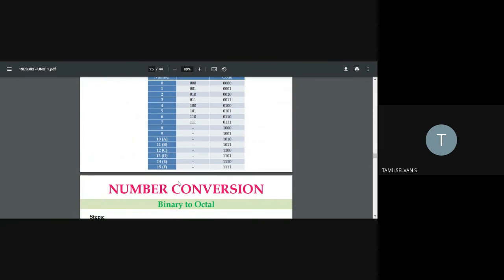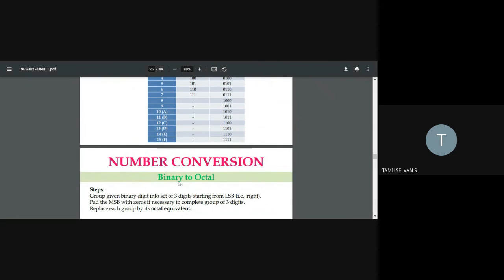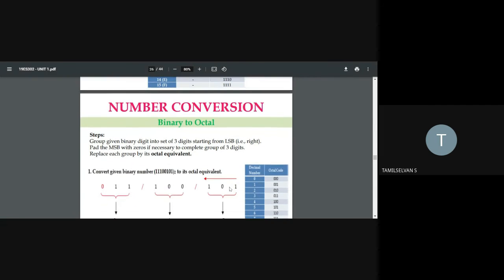So next I can move to the other conversions. The first one is binary to octal value. Binary to octal value is converted by a direct method, that is, group the given binary digits into 3 digits. There is a binary number as an input.